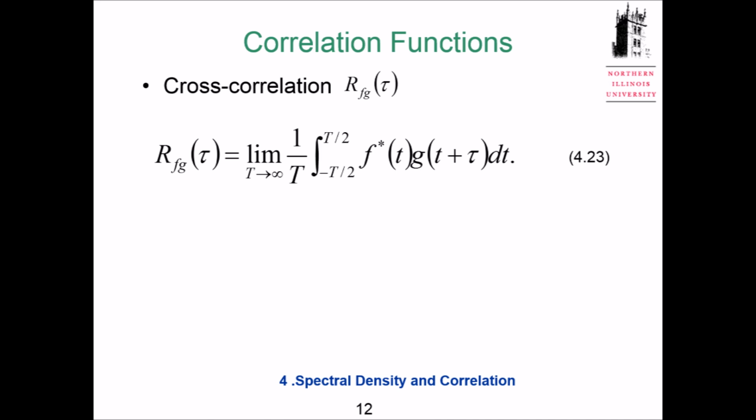We can view cosine omega 0 tau as a constant, right? Move it to the outside. Let me write down just this. So I get cosine omega 0 tau.